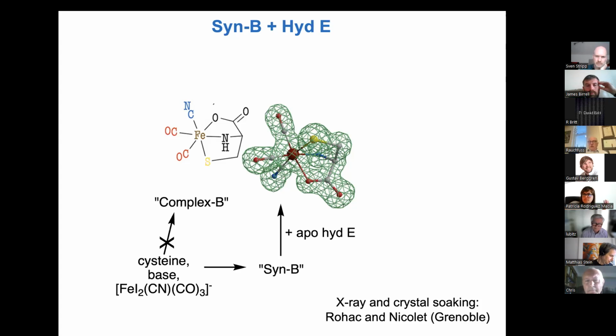So apparently all of the extra stuff that is attached to our SYN-B is removed, and we get this well-behaved species that, again, Roman and Yvain deduced by X-ray crystallography in the way that Grenoble is so famous for doing.